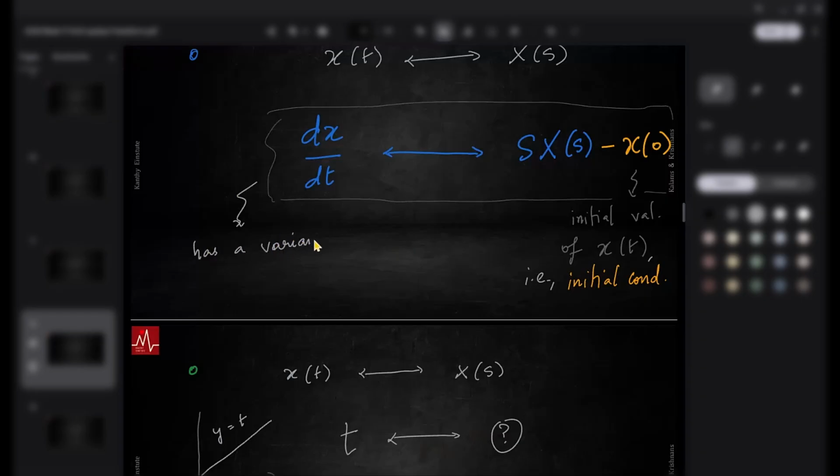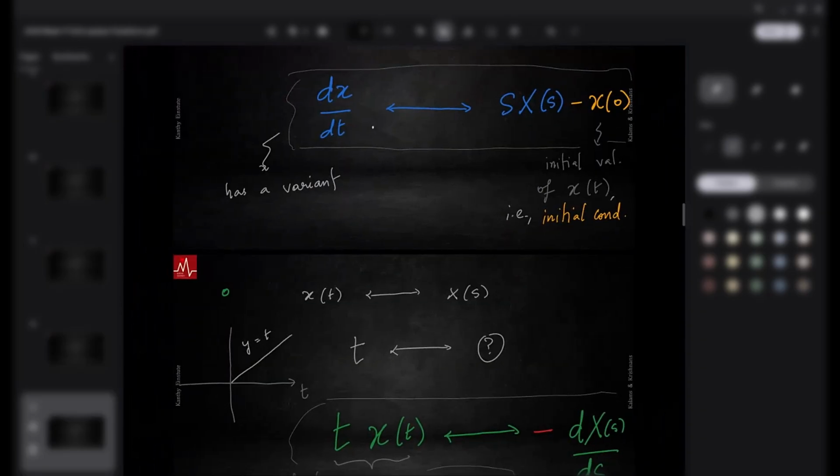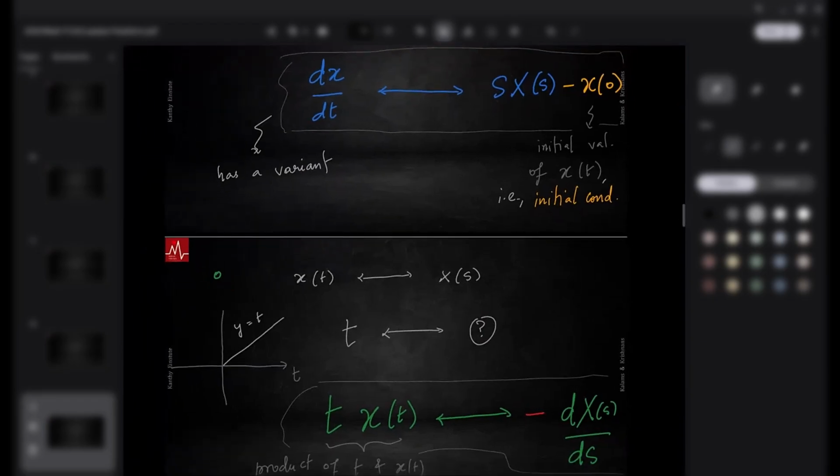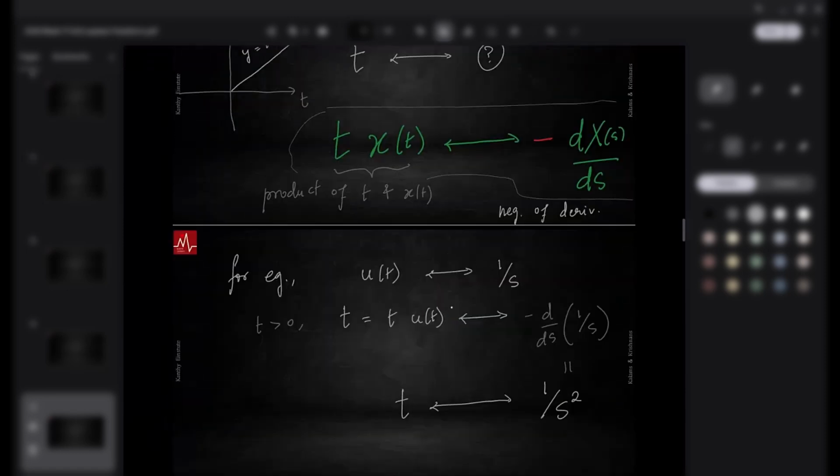I'm telling you it's a variant because now that's easy to remember. If you know that, you kind of know. There is no initial condition and all that here, and you have to do a change of sign. A quick example is shown here.